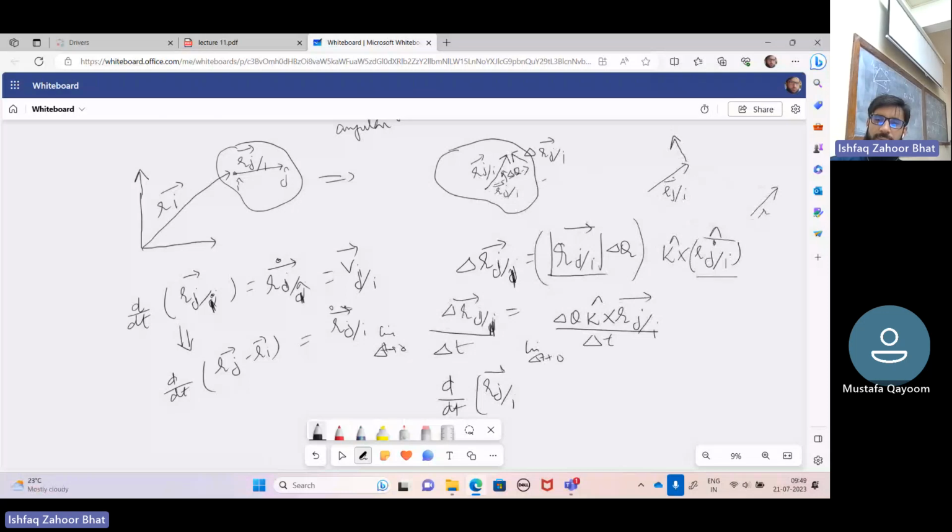This is r_ji equal to d theta by dt of k cross r_ji. Am I right? Wait, sir.